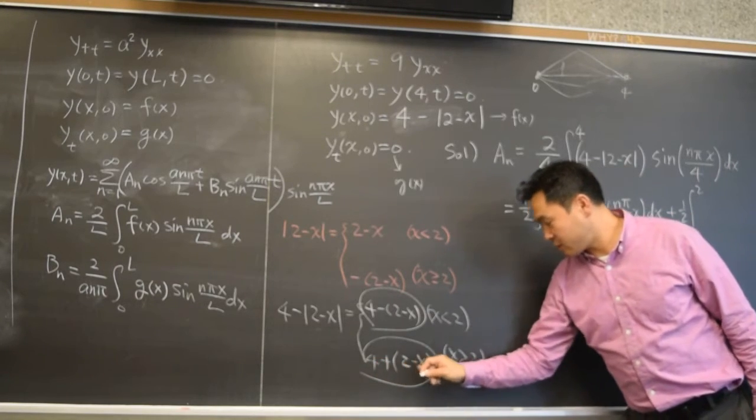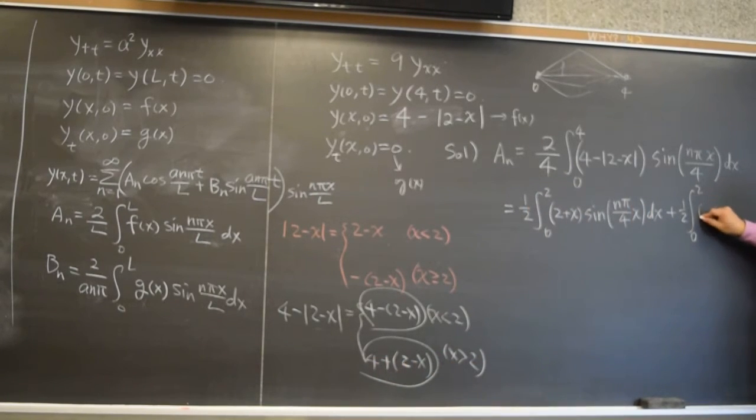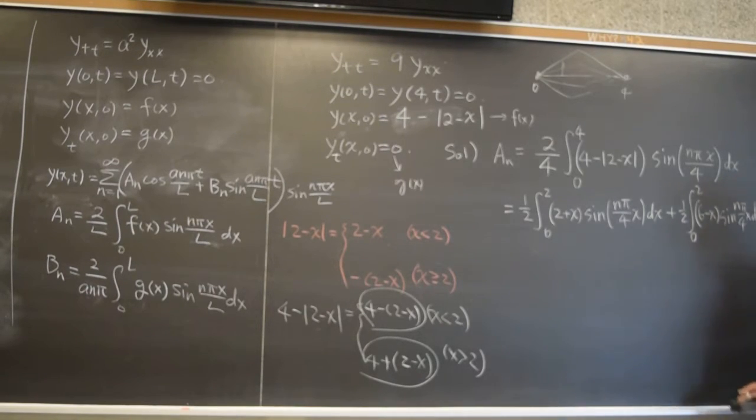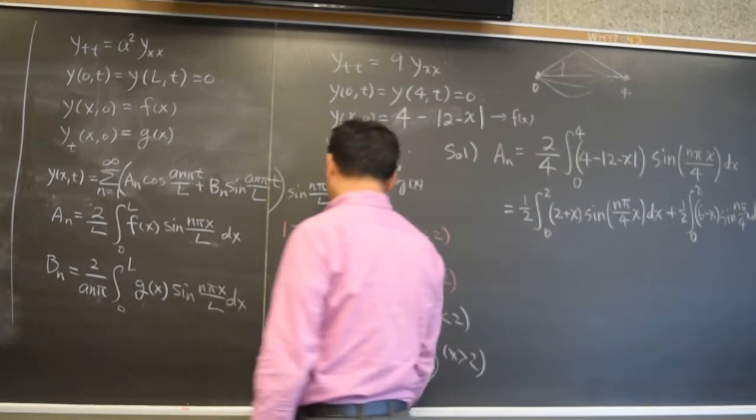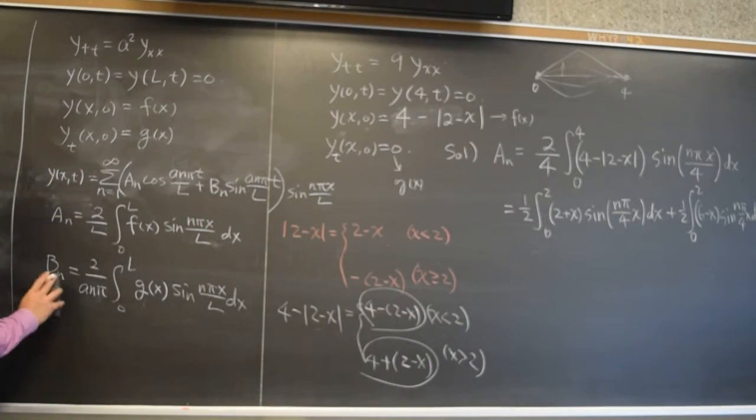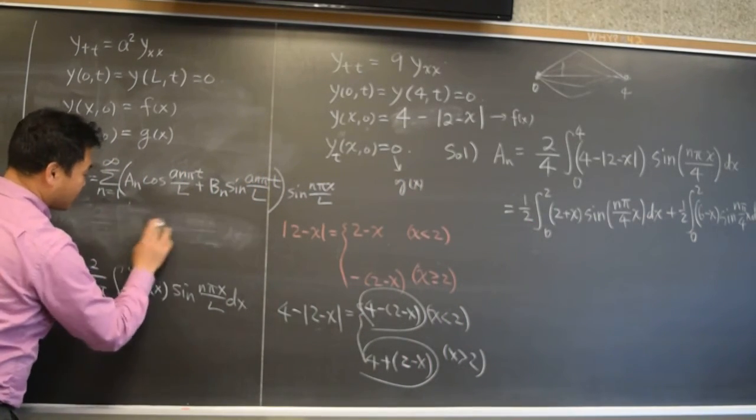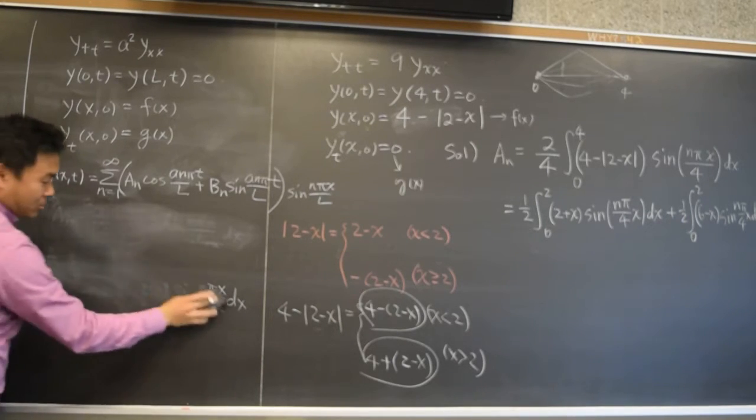This one is 6 minus x, right? So you put 6 minus x times sine n pi over 4 x dx. Okay, each of these should be computed using tabular integration. Let me erase this part because I don't need this anymore.